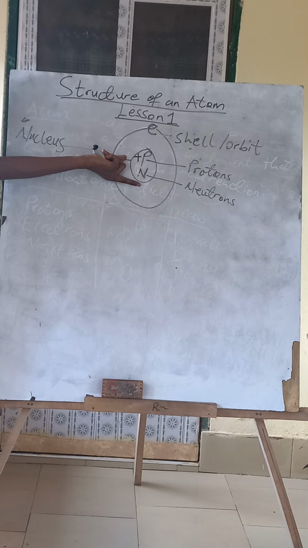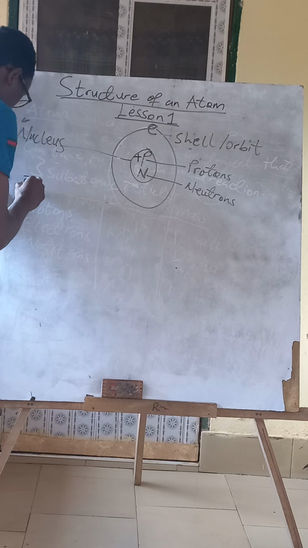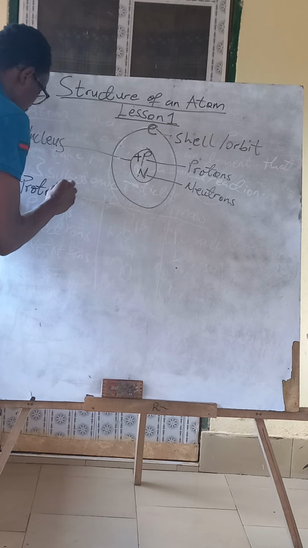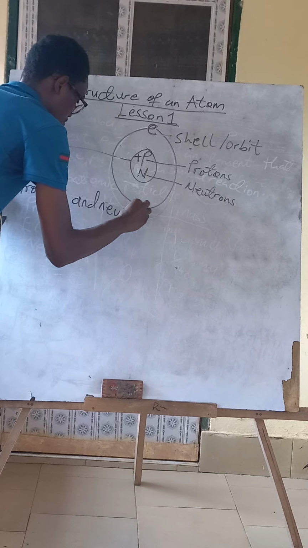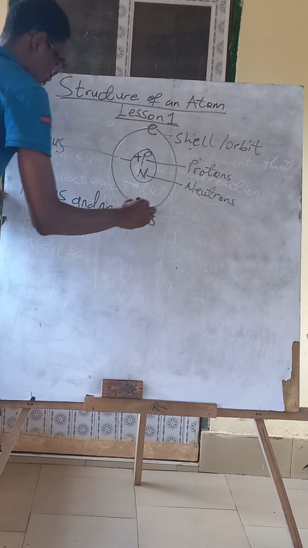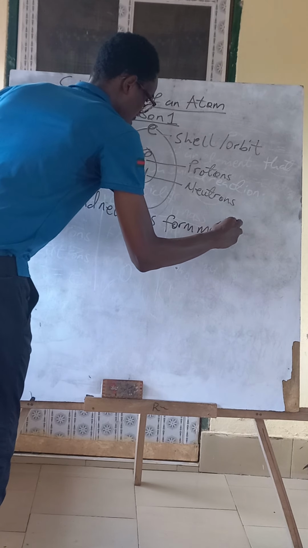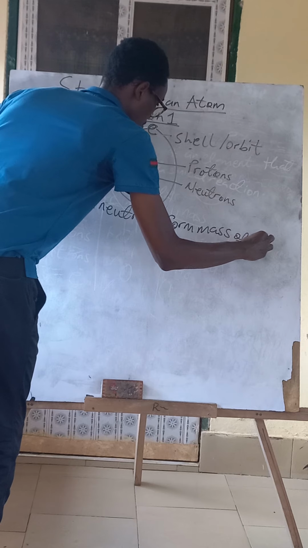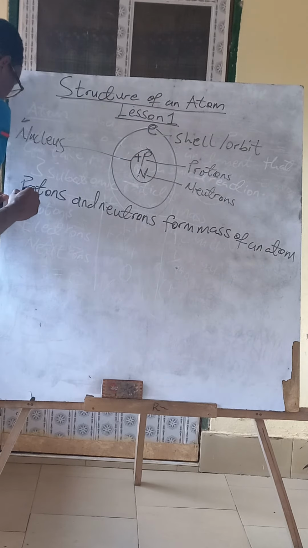So how heavy an atom is or how light an atom is in terms of mass will depend on the protons and the neutrons. The protons and the neutrons form the mass of every atom.